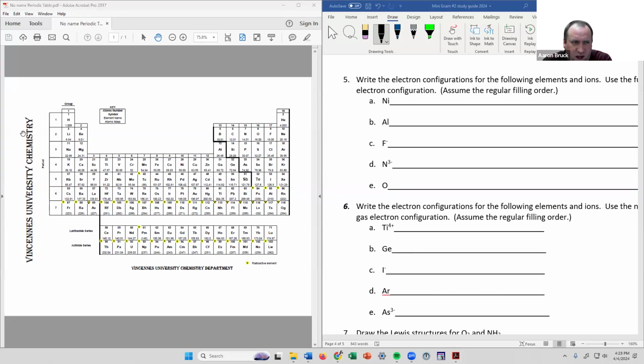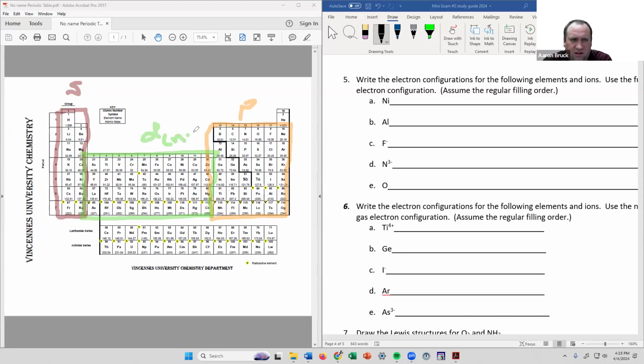So just to refresh your memory here, remember we can block off the periodic table in terms of zones. So we've got the S zone, we've got the P zone, we've got the D zone here in the middle.